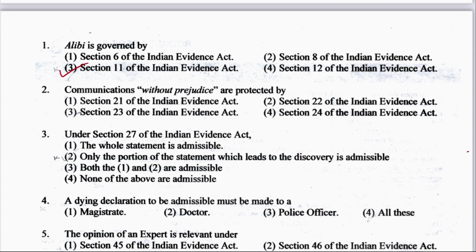Okay, and section 22 is when oral admissions as to contents of documents are relevant. And section 23 is the right answer, that is communication without prejudice is protected by section 23. And what does section 24 say? It says that confessions caused by inducement, threat or promise are irrelevant in criminal proceedings. So right answer is option number 3, section 23 of Indian Evidence Act.